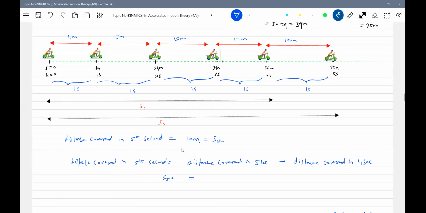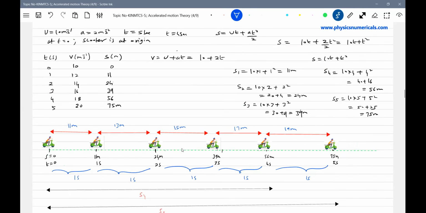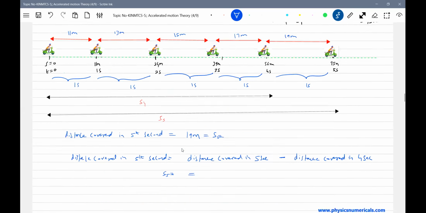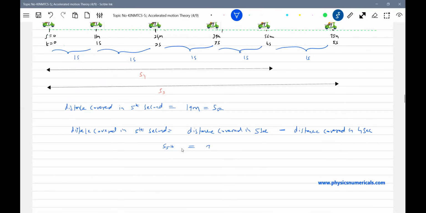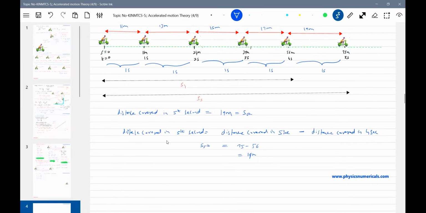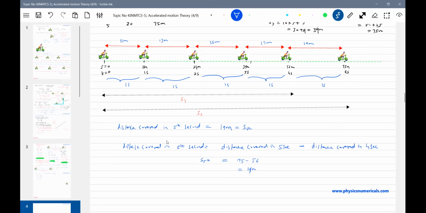How much distance covered for 4 seconds we have here? 56. Distance covered in 5 seconds, 75. Same thing, no? So instead of doing so much, we have directly a formula. What is the formula? Sn equal to u plus a into (2n minus 1) by 2. U is how much? 10.